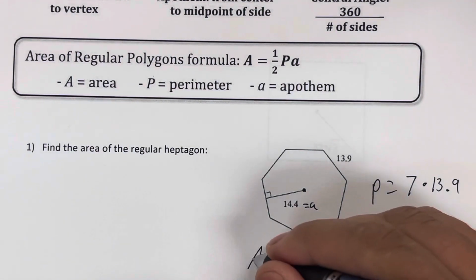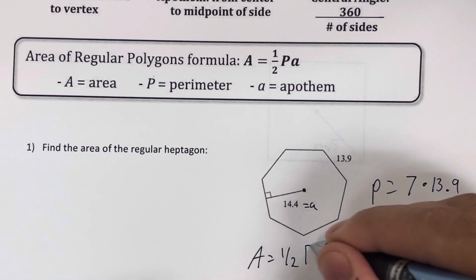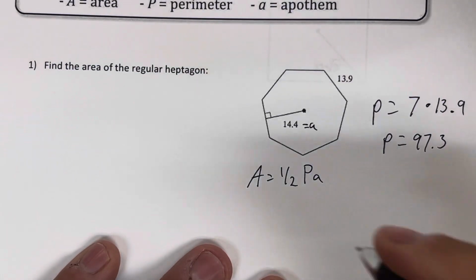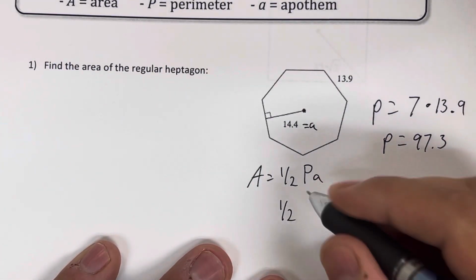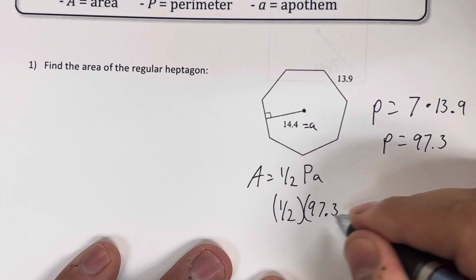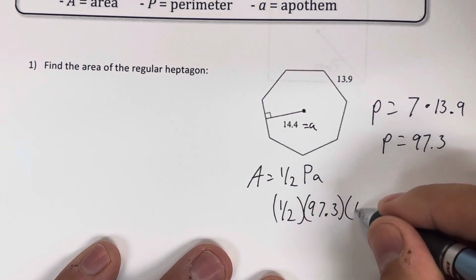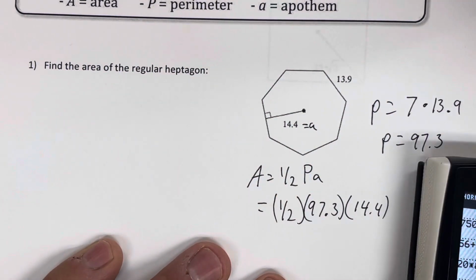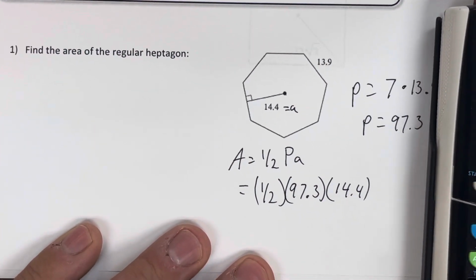So the area equals 1/2 times the perimeter times the apothem. And when I multiply this out, I would have 1/2 times 97.3 times the apothem, 14.4. So I will use a calculator to find that, and then we will have our solution.